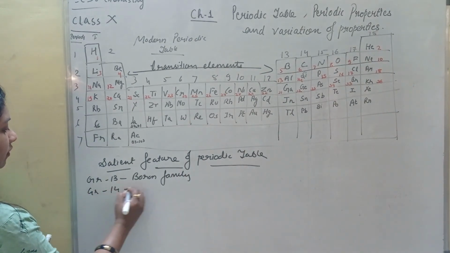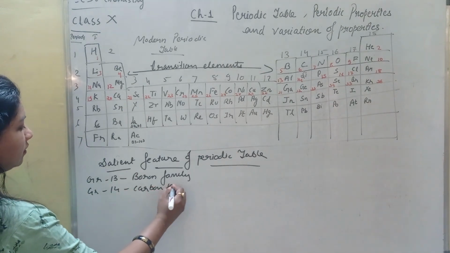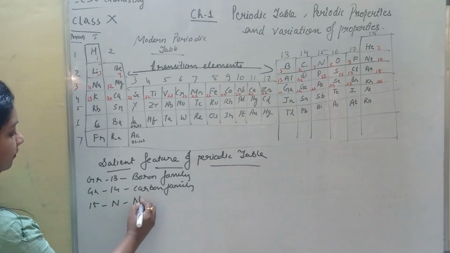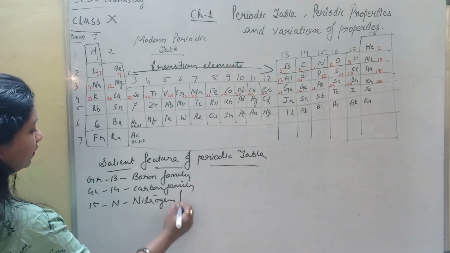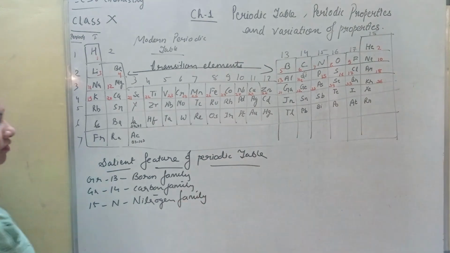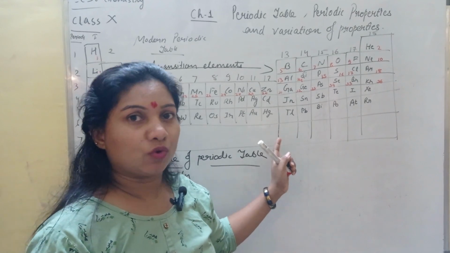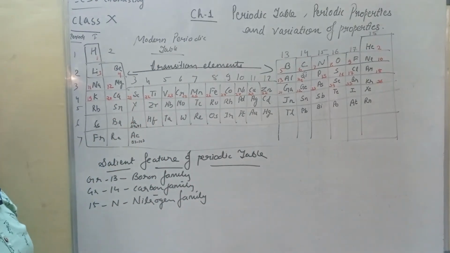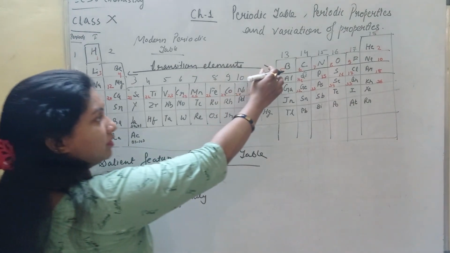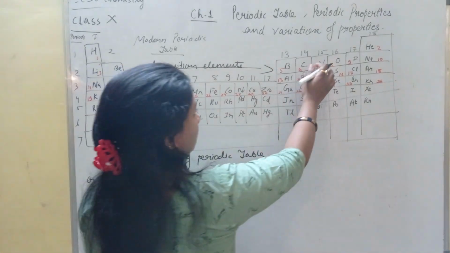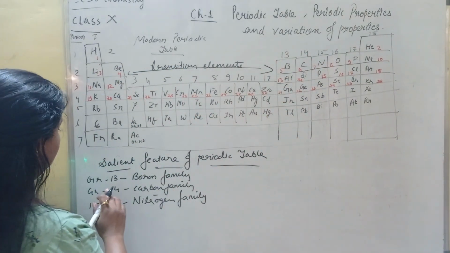Group 14, carbon family. 15, nitrogen family. Why are we saying family? Because all the members of this family have some properties in common. They share similar properties. That is why we say family. And the first member is boron, so it is said boron family. Here it is carbon, so carbon family. Nitrogen, so nitrogen family.